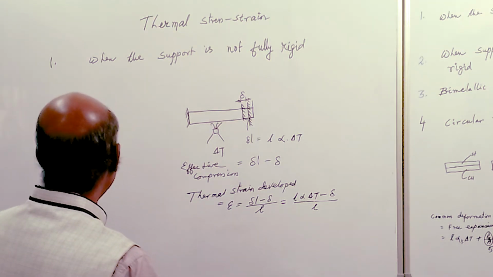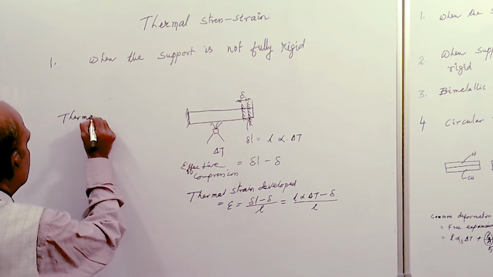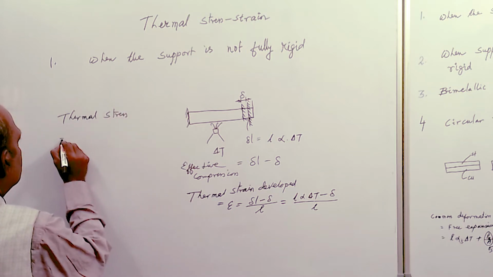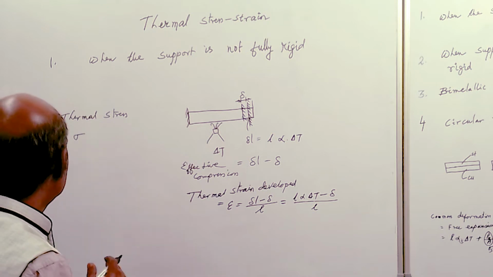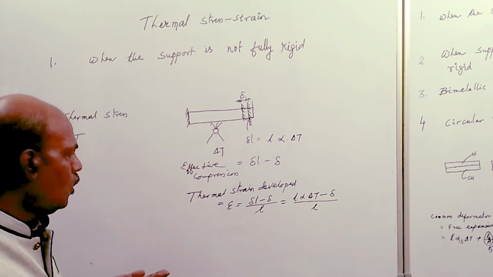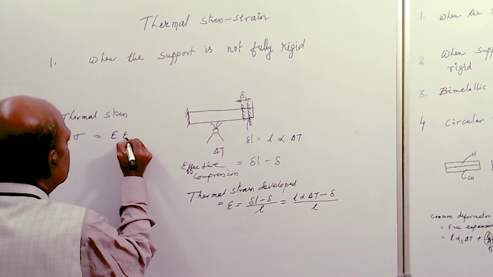Now what is the thermal stress developed? Thermal stress, say it is given by sigma, and obtained by using Hooke's law, is equal to E into epsilon.